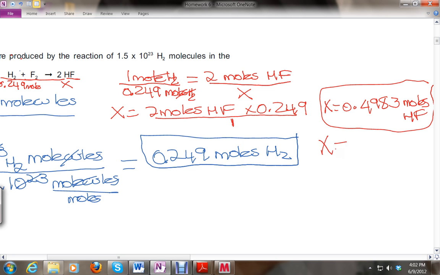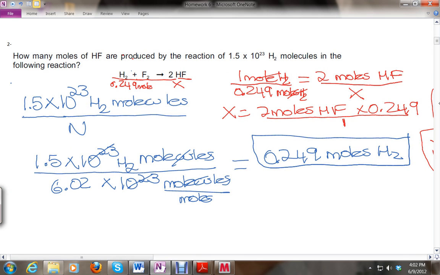So X would be 0.50 moles of HF. The 0 after the decimal after a number is significant. Not before, not the leading. Okay, so it's 0.50, because you round it and you get 0.5.